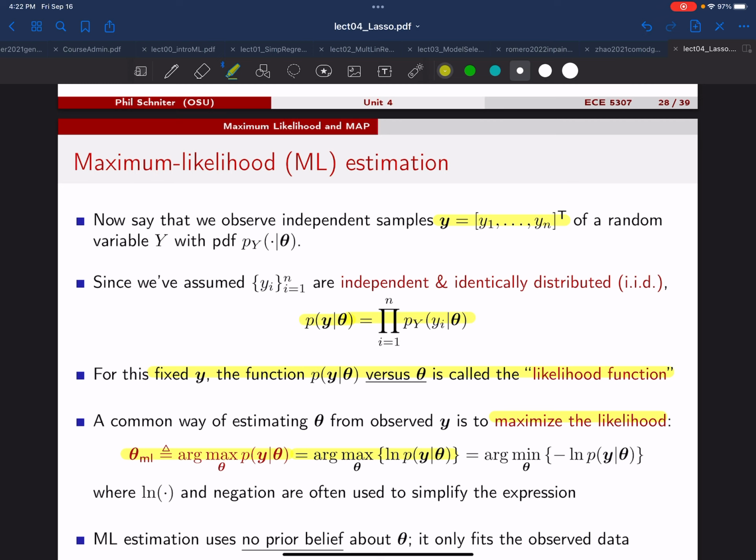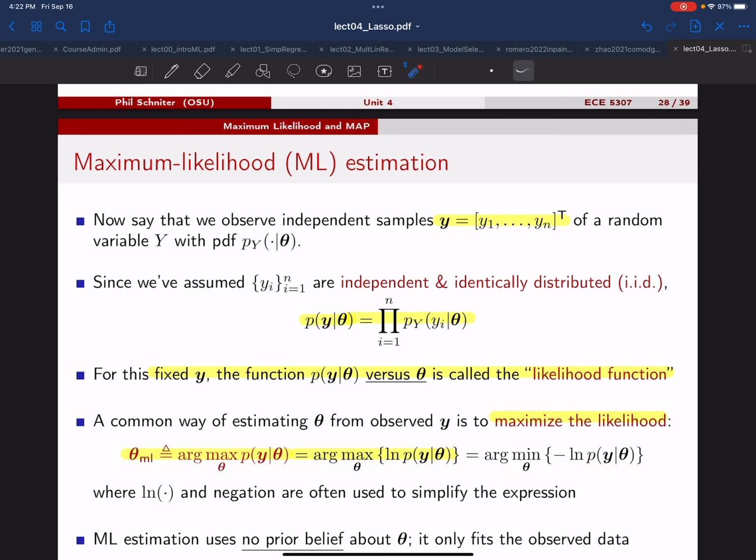Okay. So we're going to look at the log. And then the second thing people often do is people like to work with minimization problems for some reason more than maximization problems. And so instead of maximizing the log likelihood, you just minimize the negative log likelihood. So now you've turned it into minimizing something. It's just a notational convention.